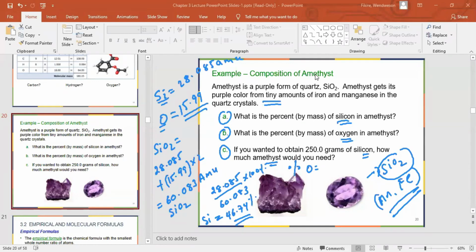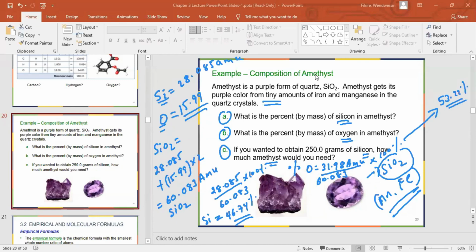So that's 31.98 amu of oxygen in the total 60.083. Times 100%, right? So that gives us 53.22%.